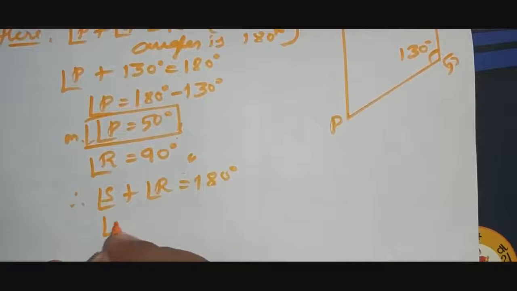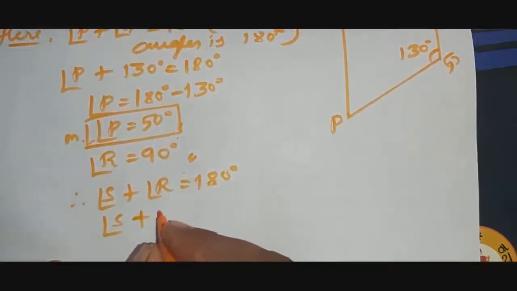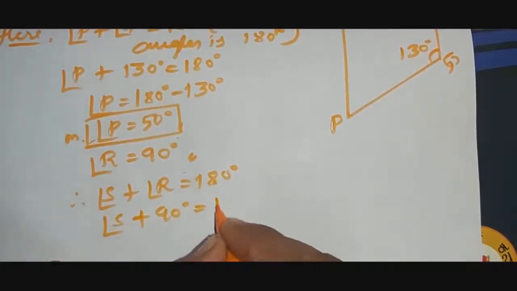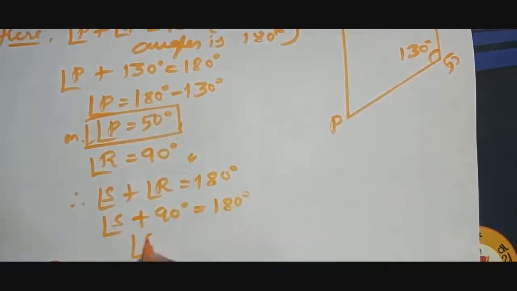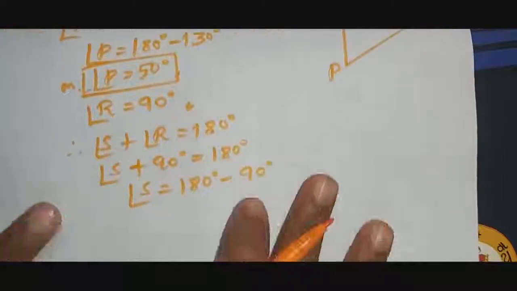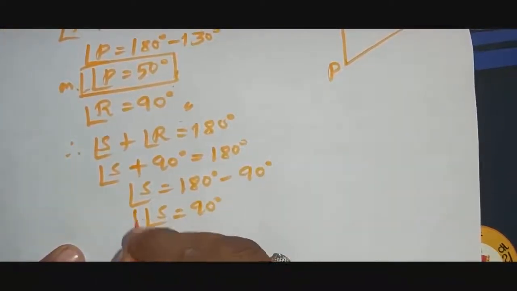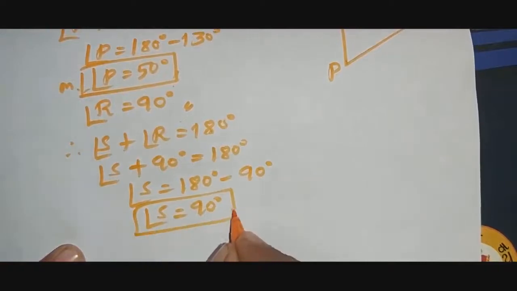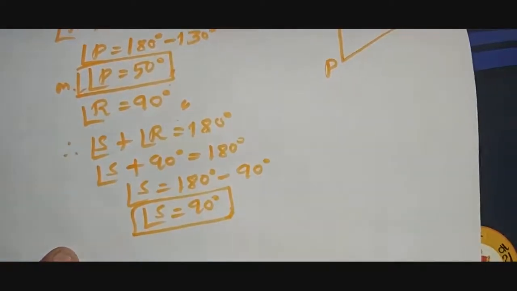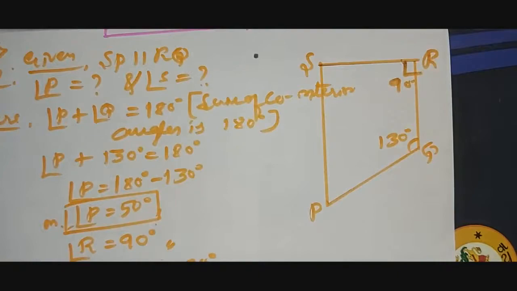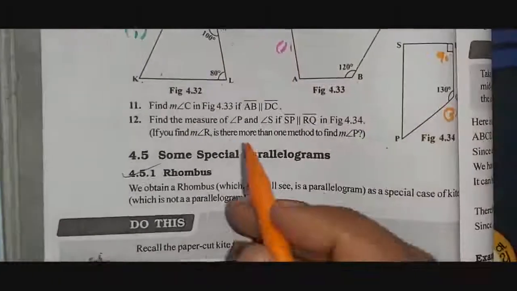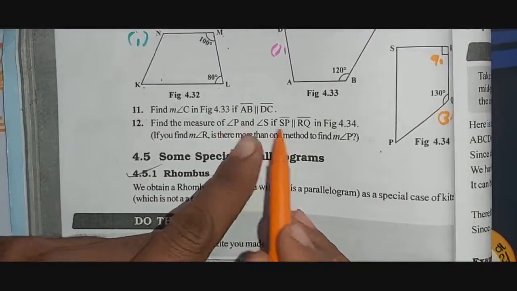S is equal to, we need to find S plus R is equal to, that is 90 degree, which is equal to 180. Angle S is equal to 180 minus 90, that is 90 degree. Therefore angle S is equal to also 90 degree. Okay, see, according to in question what they asked here, we found angle P and angle S.